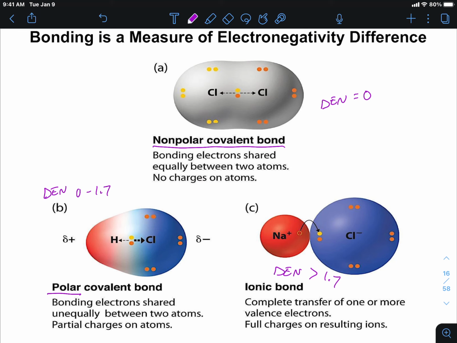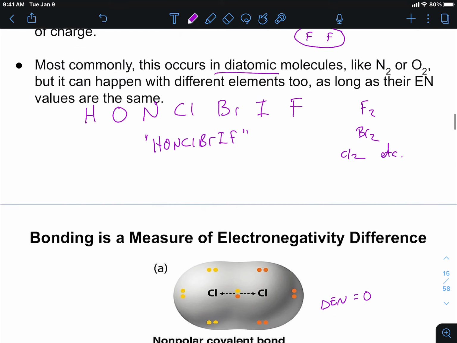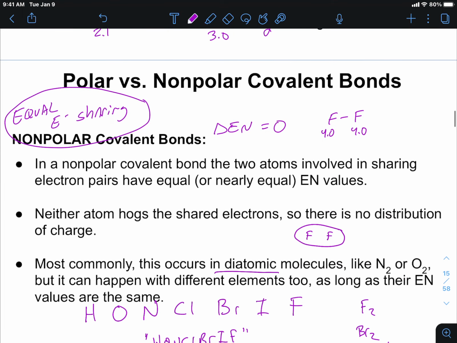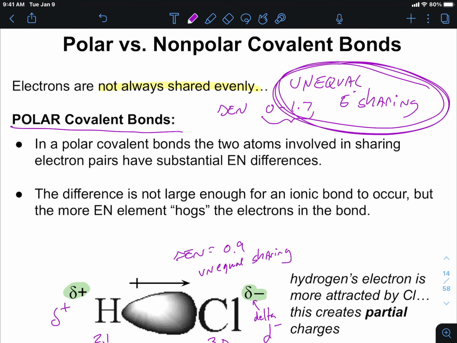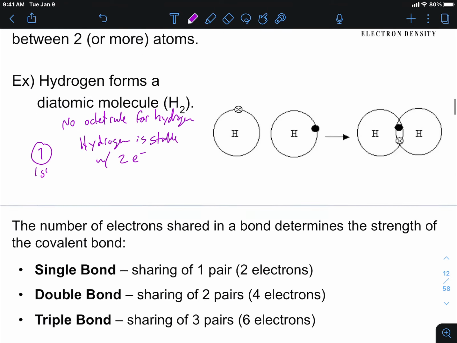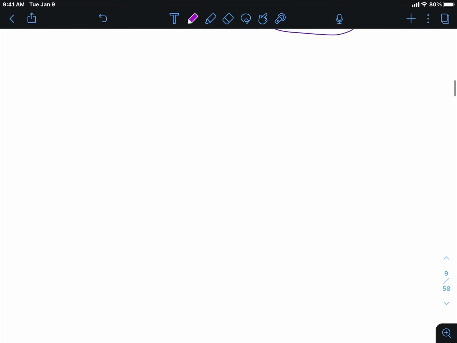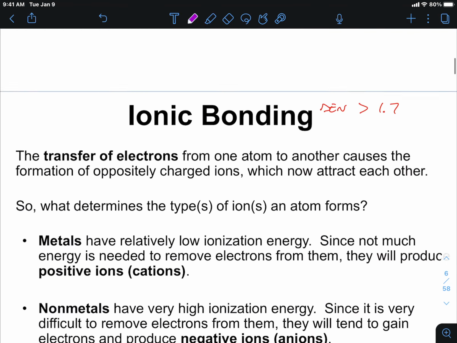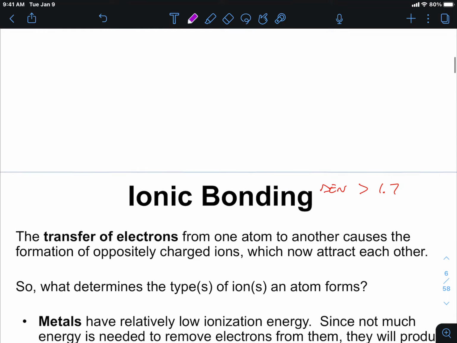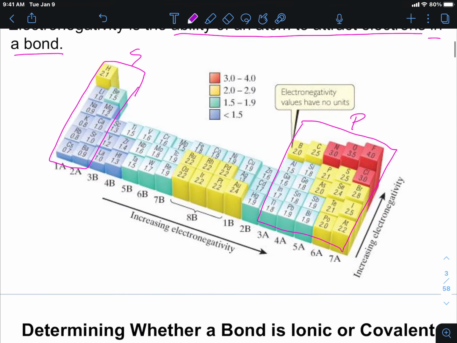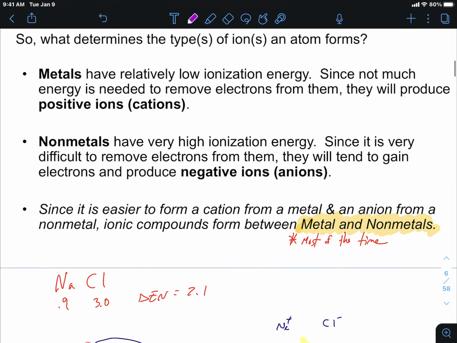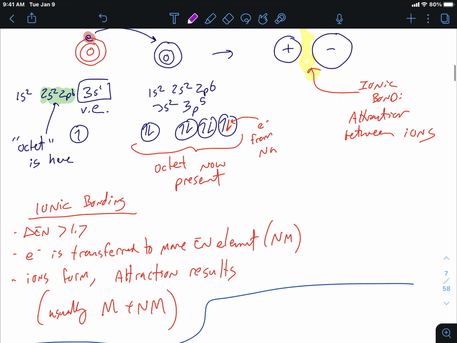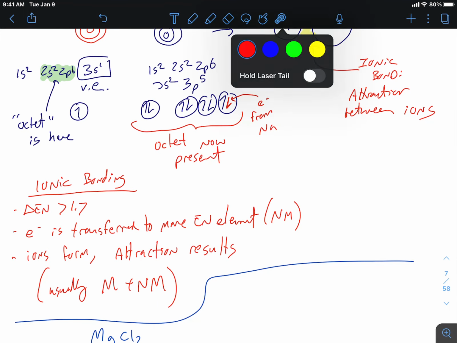You need to know the key features of each type of bond, right? So you need to know that nonpolar, the key feature is equal electron sharing. For polar, the key feature is unequal sharing. And then for ionic, you need to know that an electron is transferred, and then you have 2 ions next to each other. Right? You need to know all this.